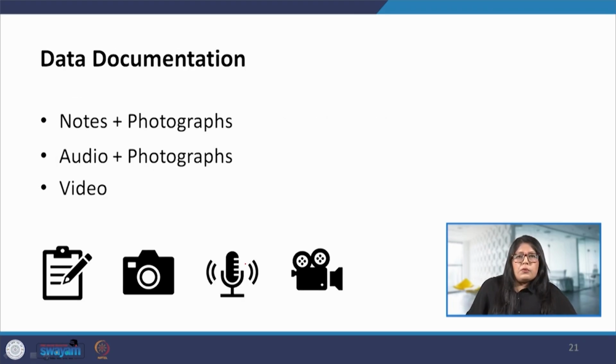Now, data documentation. While collecting data, there are several approaches that are used, depending on the goal of the study and how the data will be used, the context, the time and the resources that are available. Also, the sensitivity of the situation will be important.